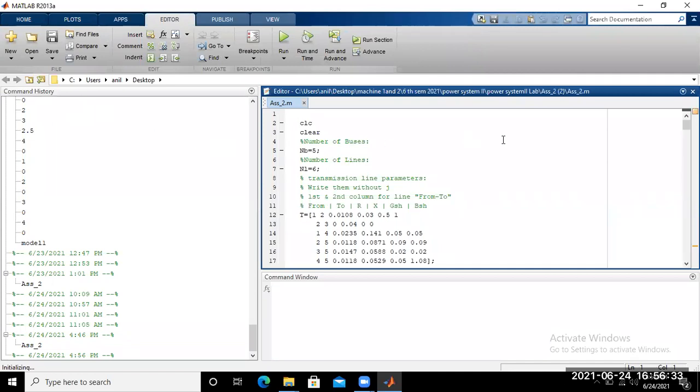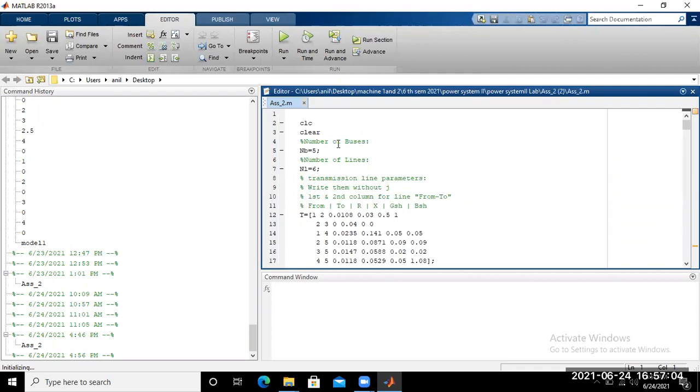First we write clc, and next is clear. Next is the number of buses. That means in your system, you need to mention here how many buses you have.